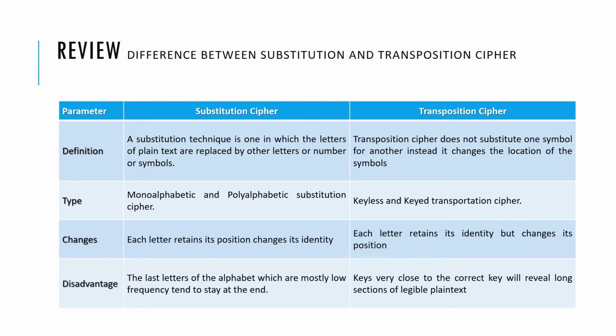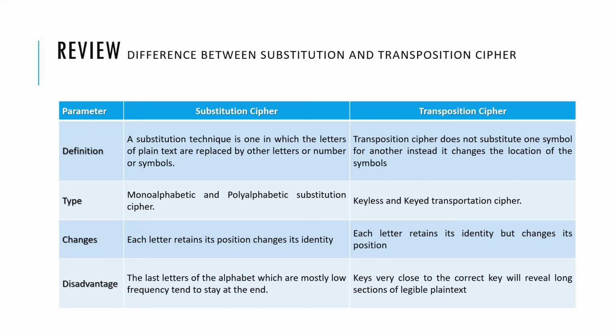Also, note that in substitution cipher we have different characters from the original plain text. However, in the ciphertext of a transposition cipher, we have all the characters of the original plain text. A substitution cipher may be monoalphabetic or polyalphabetic depending on the unit of the substitution. A transposition cipher may be keyless or keyed.